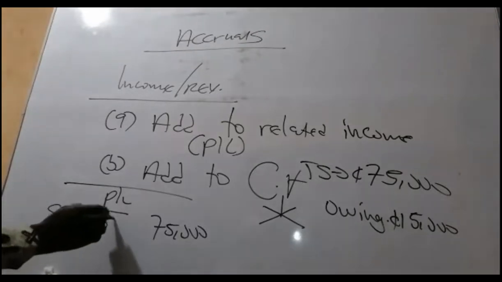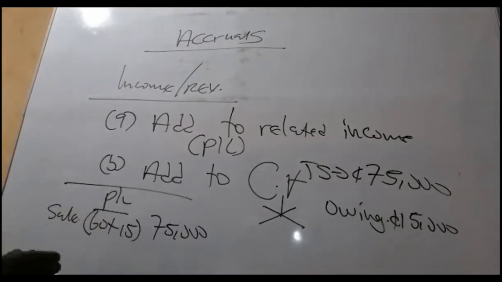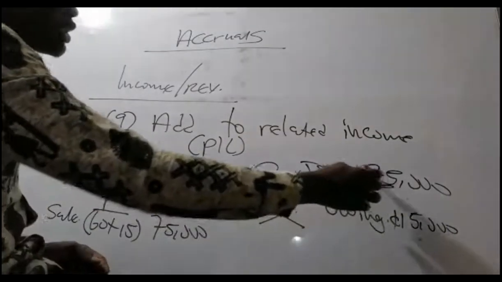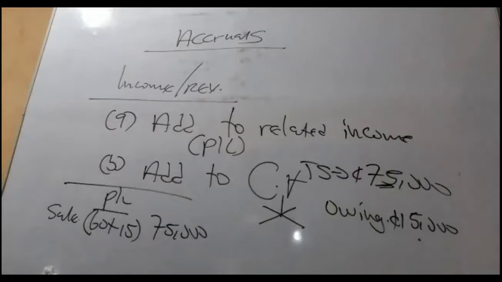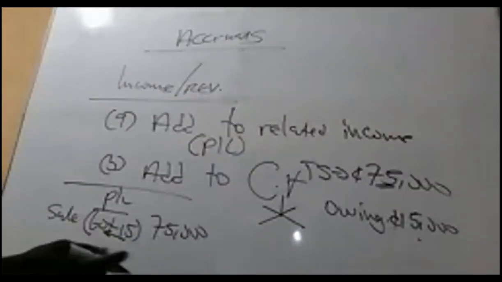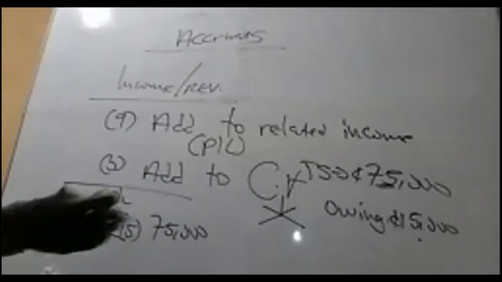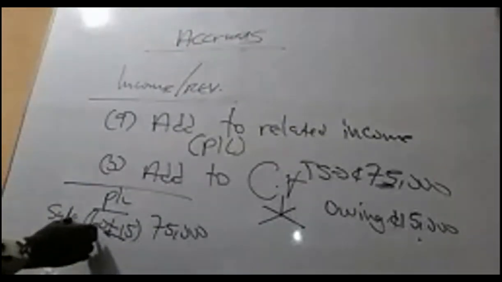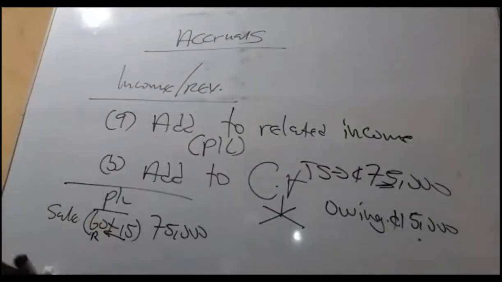It will be 60 plus 15, right? That means if they have not received 15, they have received 60,000. So I'll add this 15 to what I've received to get the full version. Good. So this is how much I've received, and this is how much we have yet to receive.